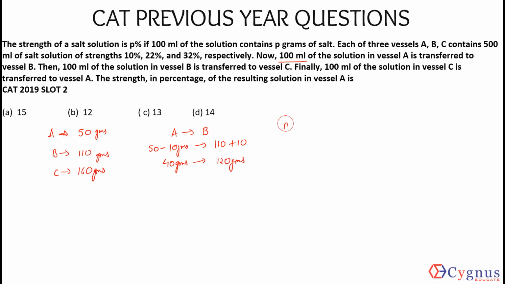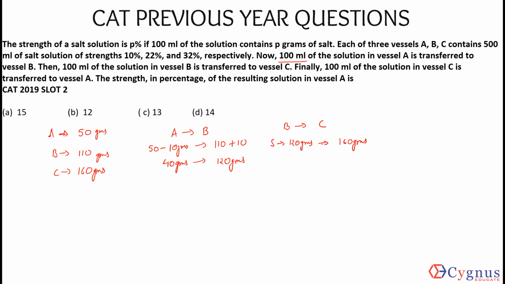Now the second transfer will take place from B to C. B has already got salt equal to 120 grams out of how much? 600. And C, what was the concentration of C? It was 32%. That means C has already got salt of 160 grams.